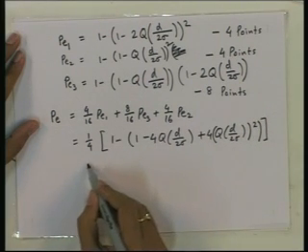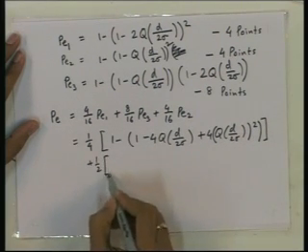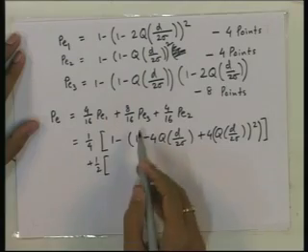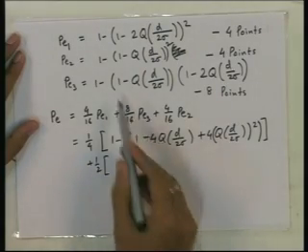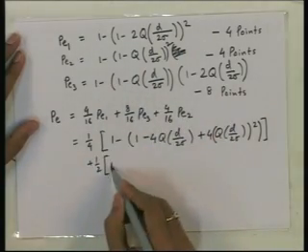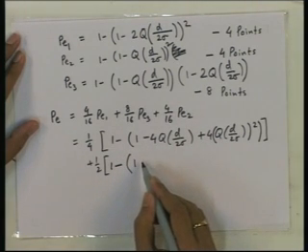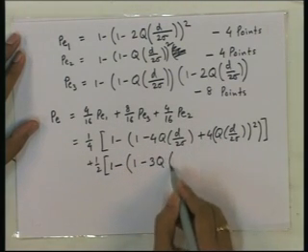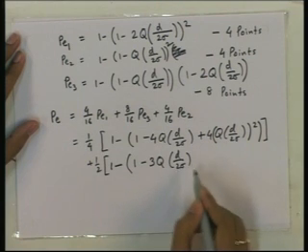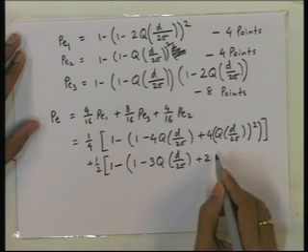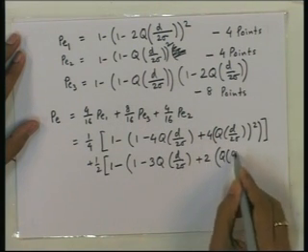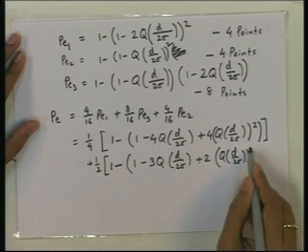Then plus half P3, let us expand this product also. We have 1 minus 3 times Q(d by 2 sigma) plus 2 times Q(d by 2 sigma) square.